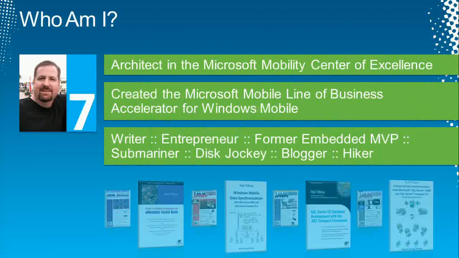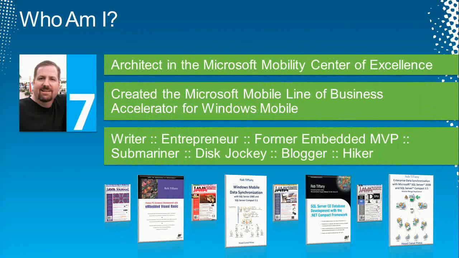Oh, there we go. Now I can say, I'm Rob Tiffany, and I'm an architect at Microsoft, and I work in a little group that kind of straddles two groups at Microsoft. It's called the Mobility Center of Excellence, and so we're partly in the Windows Phone group, and we're partly in worldwide services.